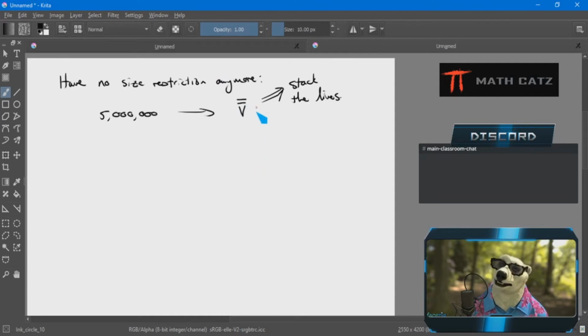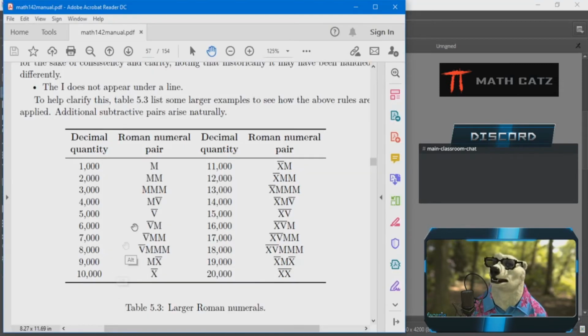They had a quick little band-aid solution to get deeper into the thousands. Technically, you could just repeat that, but again, too many lines on top of each other is going to become messy. They didn't care about that. They didn't think numbers were ever going to be that big. So I want to note that this is possible. You can keep doing it, but I'm not going to obsess over it.